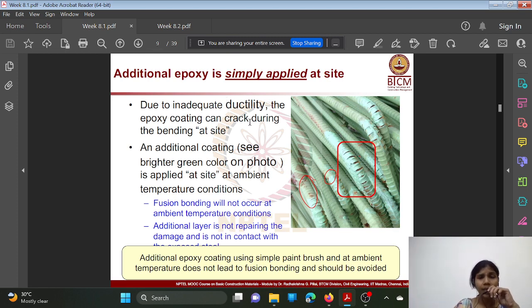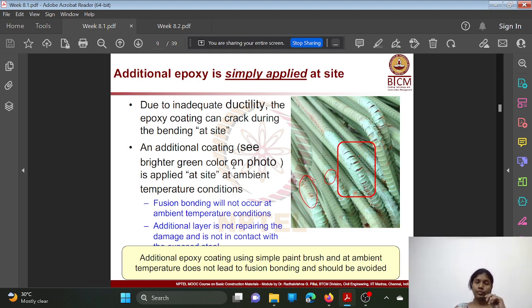So if you bend it after the coating is applied, you can see some sort of cracks over here. Okay, so because of the cracks, if an additional coating is applied at the site at ambient temperature conditions, the ambient temperature will be less compared to the 220 degrees Celsius at which we did the fusion bonding, and at ambient conditions we can't find such high temperatures, right?